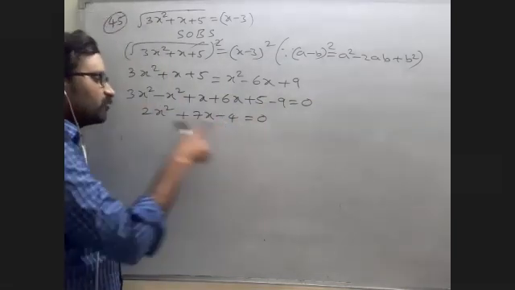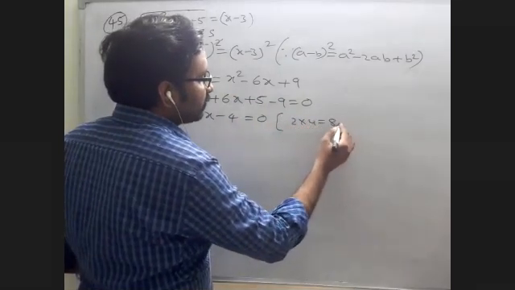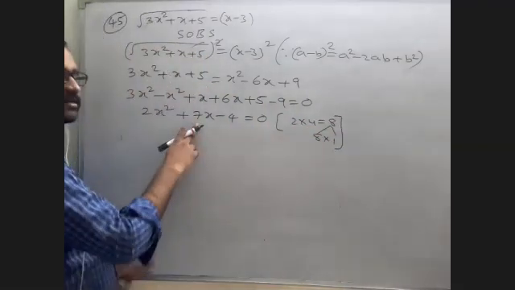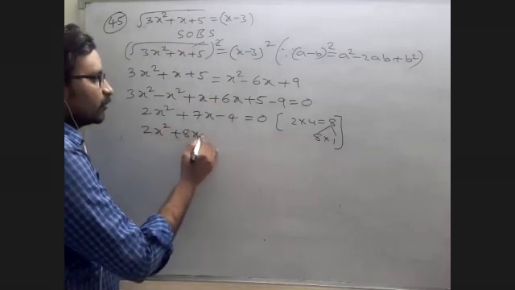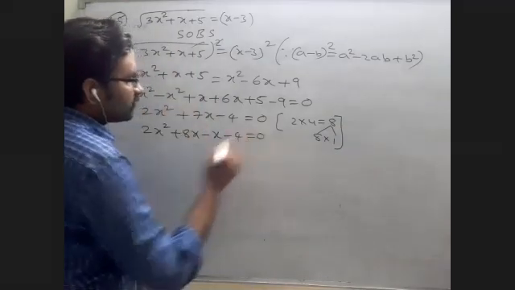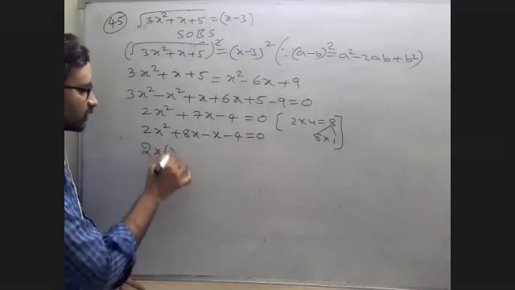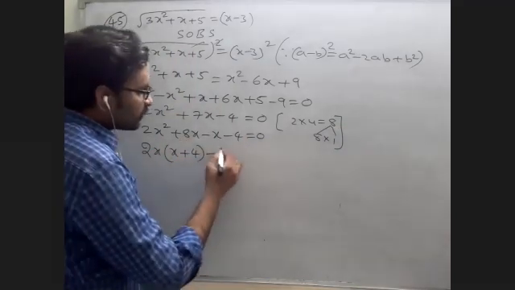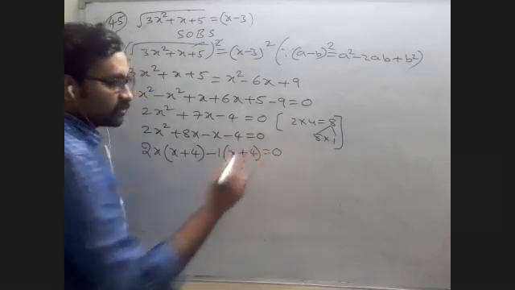Now factorization: 2 4s are 8, and we can write 8 as 8 into 1, with 8 minus 1 being 7. So we get 2x square plus 8x minus x, 8x minus x is 7x, minus 4 is equal to 0. From the first two terms we take 2x common, leaving x plus 4. From the last two terms we take minus 1 common, leaving x plus 4, equal to 0.